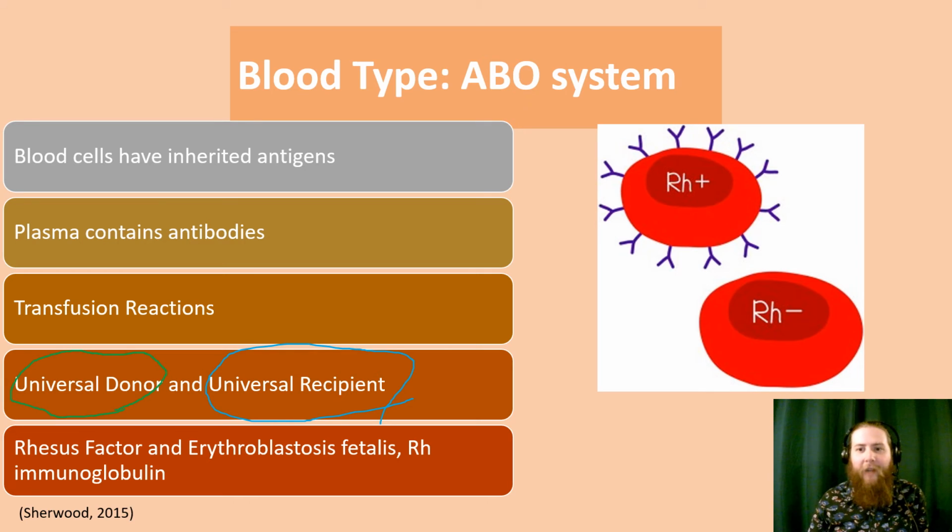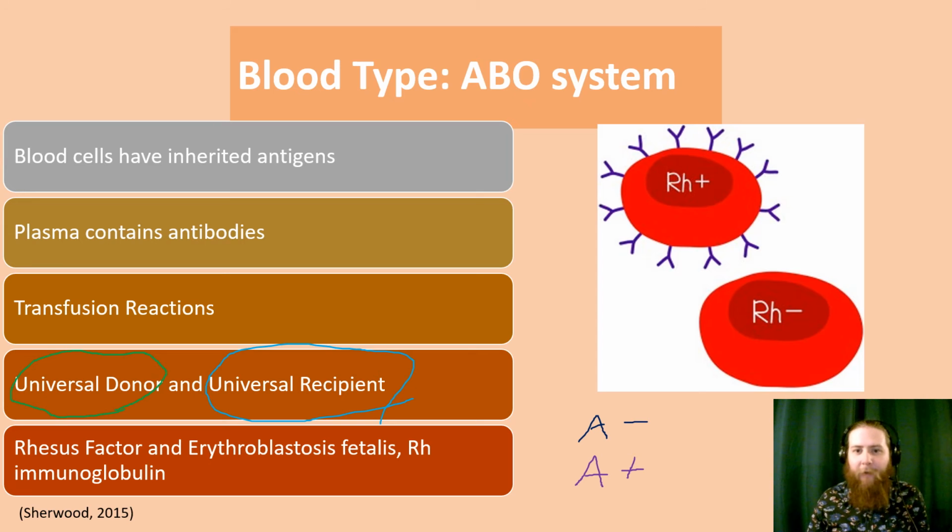Somebody with a negative blood type, let me just real quick write this down so we can keep track of it. Somebody with an A negative blood type were to receive a transfusion from somebody with an A positive blood type. Because there's no sensitization already to this Rhesus factor, this transfusion would work the first time.